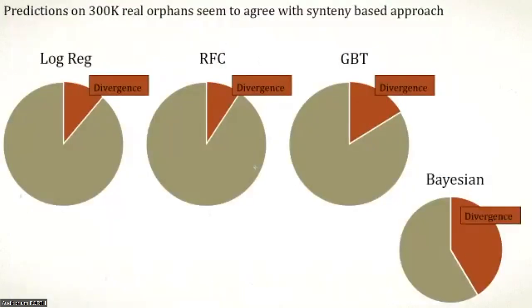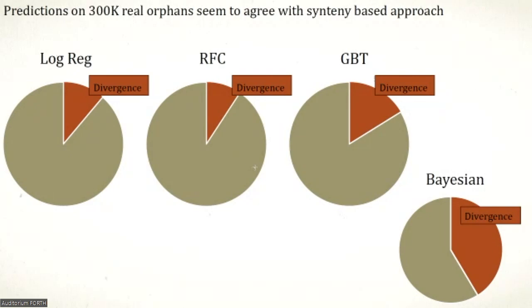And so, oh yeah, there's another thing. There's more. We then took these models and we applied them to a real set of orphan genes, the ones that I mentioned before, that I generated through these filtering steps. And these are the ones where we truly don't know where they're coming from.